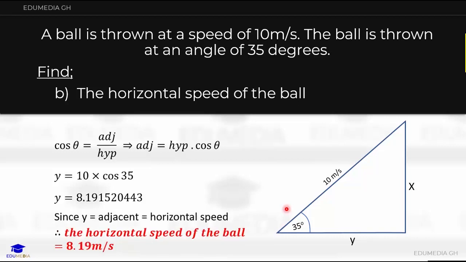Since y represents the adjacent and that also represents the horizontal speed of the ball, it therefore means that the horizontal speed of the ball is 8.19 meters per second. This means at every second, the ball covers 8.19 meters.